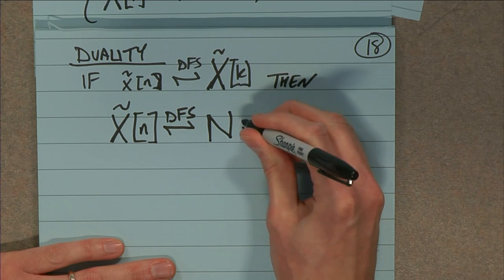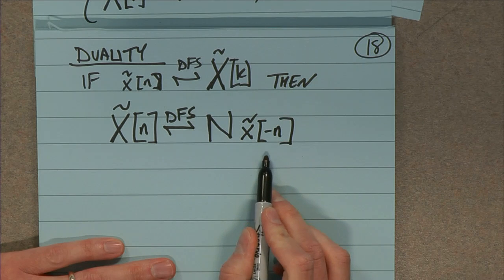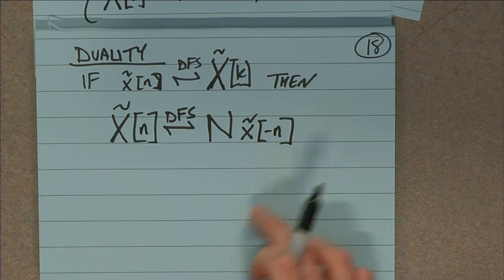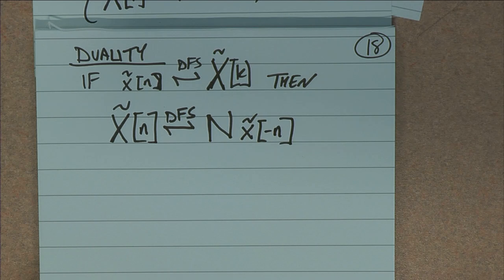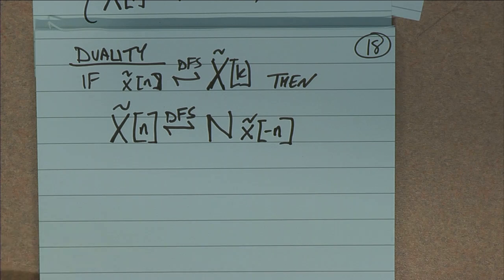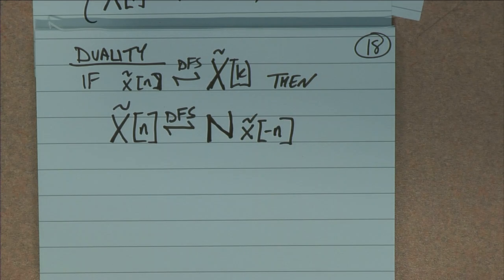N times sort of a time reversed version of the input. So you can see how it kind of goes in a circle in some way. So what is this? This is the original input sequence, kind of in a time reversed order, modulo N, which we'll get to in a second, multiplied by N. Hence the big N there.